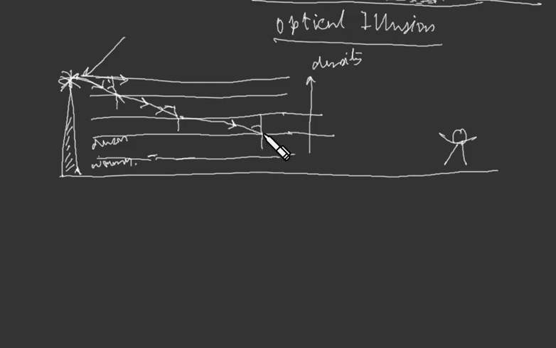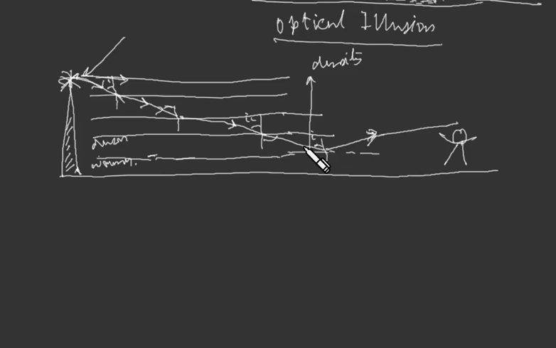And at some point, at the next layer, it goes to more than the critical angle. And the moment it becomes more than the critical angle, it gets totally internally reflected, and then it comes to our eyes.